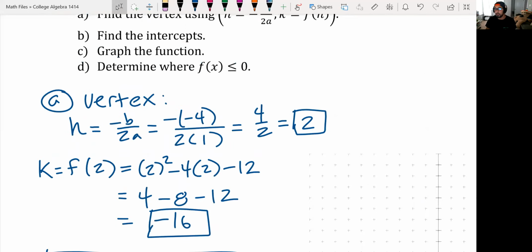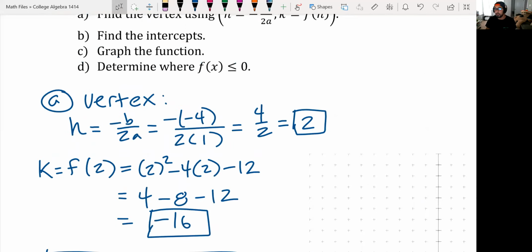Okay, next is intercepts. x squared minus 4x. So B. x squared minus 4x equal to 0.